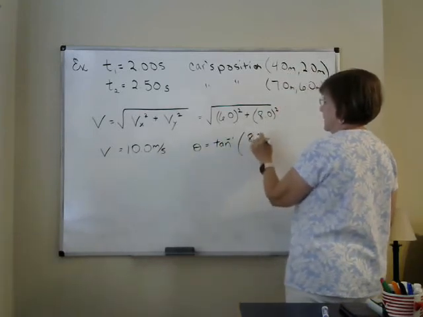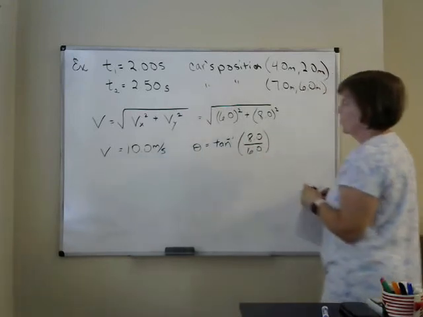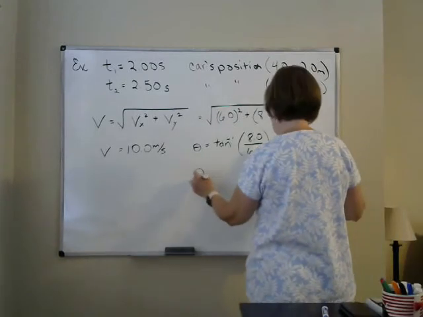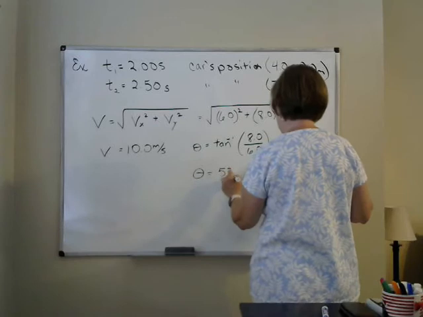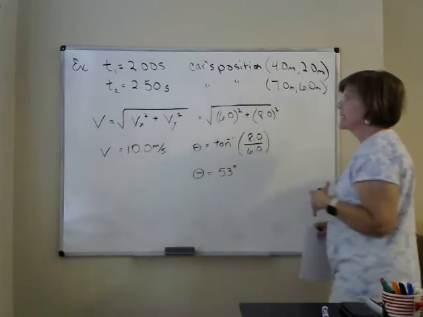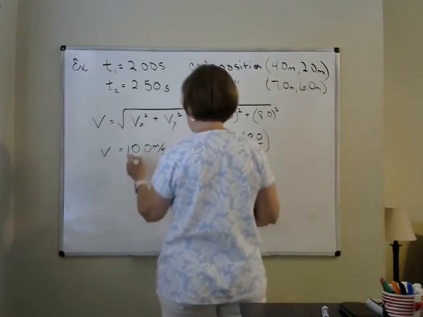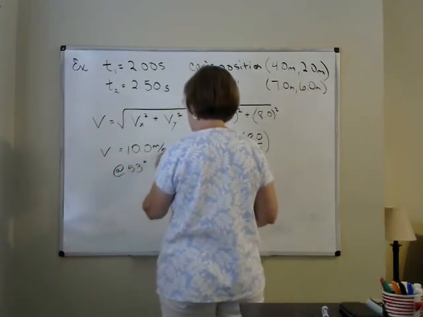So 8.0 over 6.0. This is quadrant 1. They're both positive. So it came out to be 53 degrees. So if we measure this from the positive x-axis, then our velocity is 10 meters per second at 53 degrees.